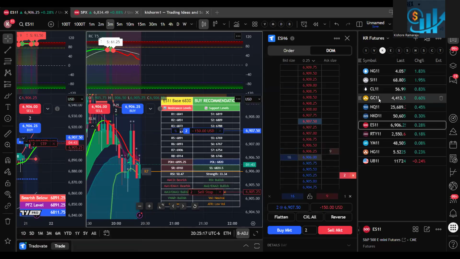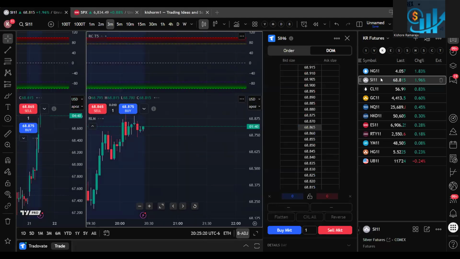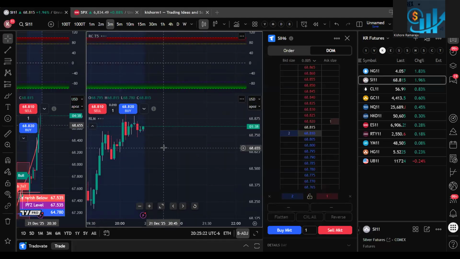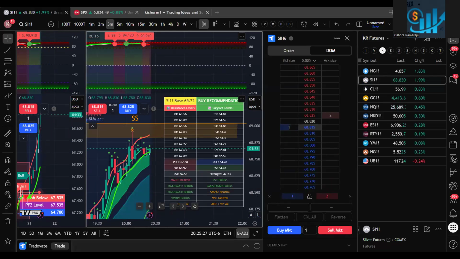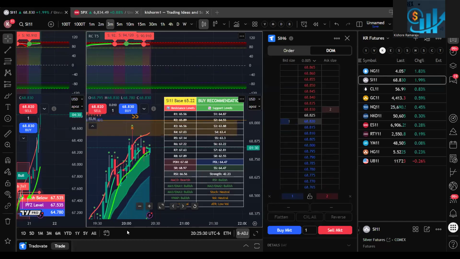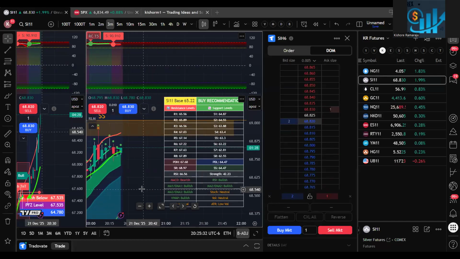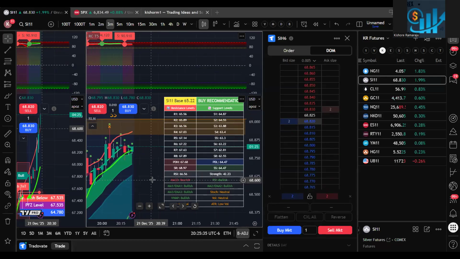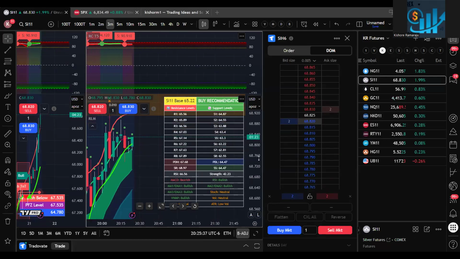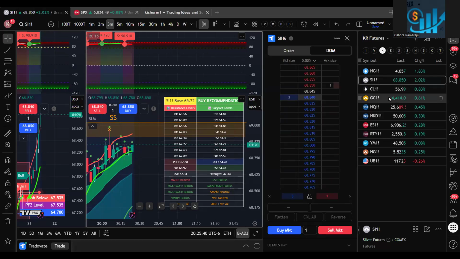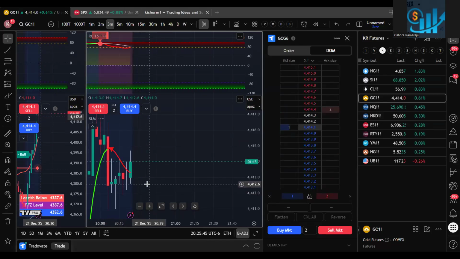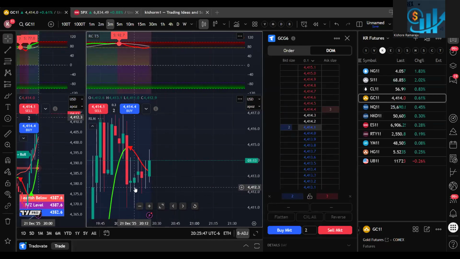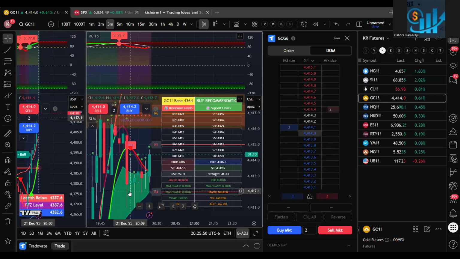Then again, we can look at silver, GC, whichever. You got a pullback, and then again it is trying to go up.